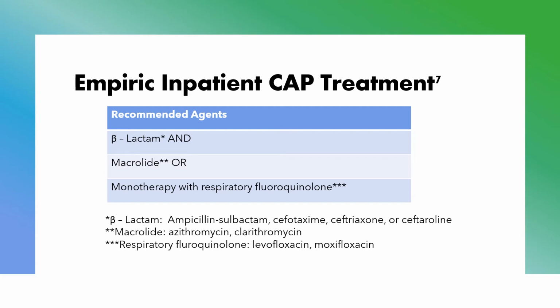An option for adults who have contraindications to both recommended macrolides is combination therapy with a beta-lactam and doxycycline. If a patient has a beta-lactam allergy, then monotherapy with a respiratory quinolone should be used. This is typically reserved for patients with an allergy due to safety risks.